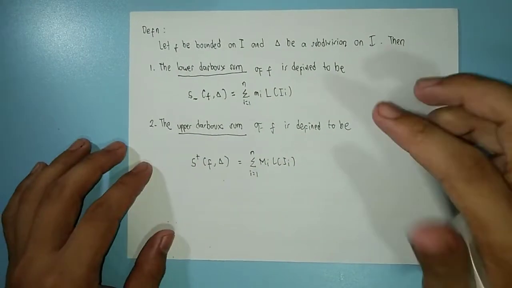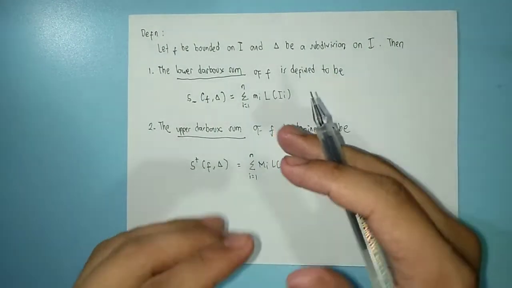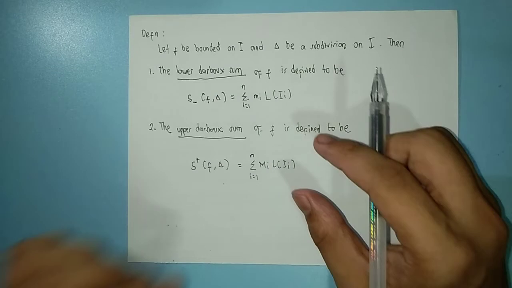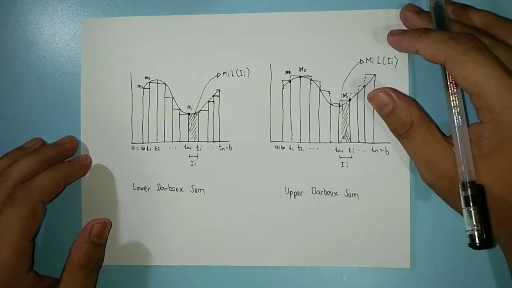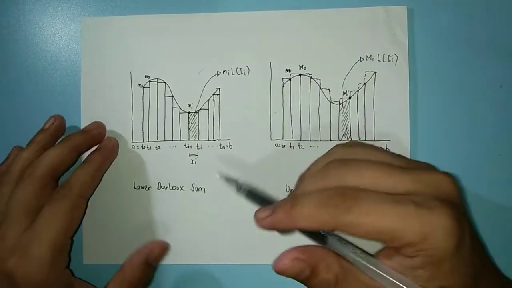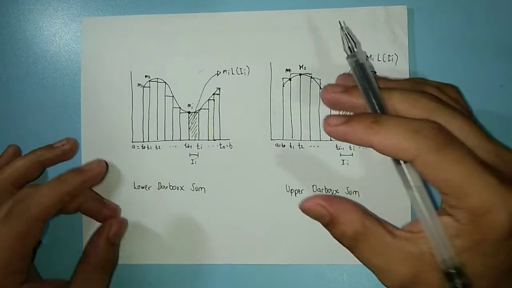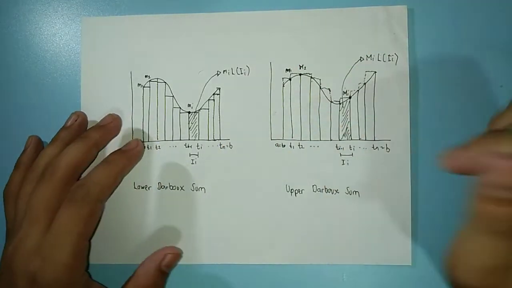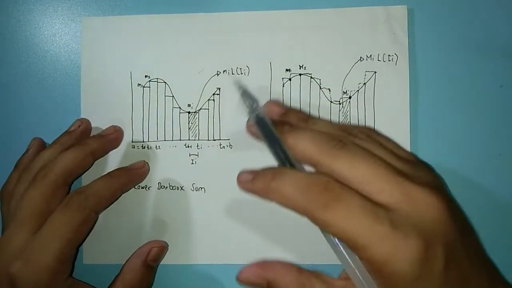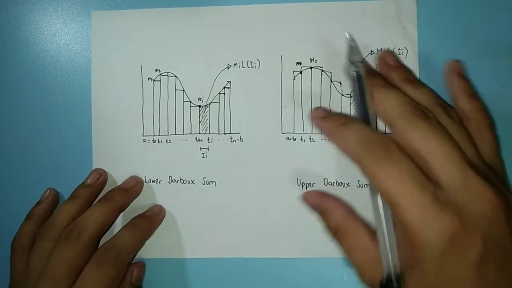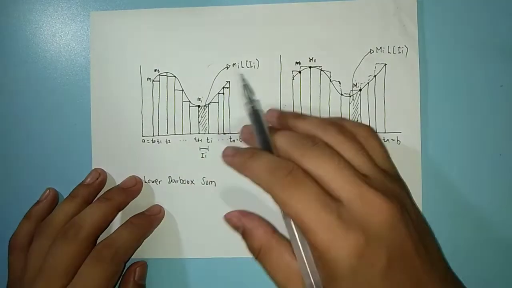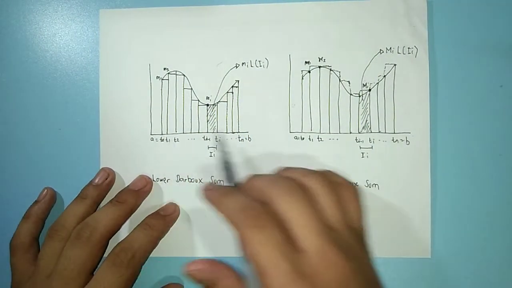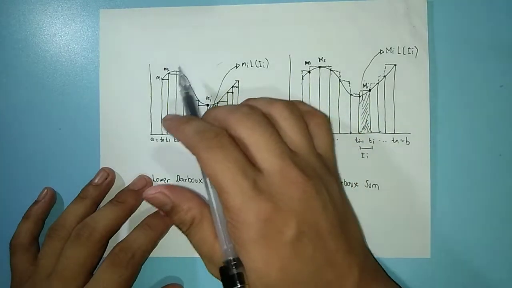Okay? So, pakita natin yung illustration para maintindihan natin yung sinasabi nitong definition na to. Okay, so ito yung illustration ng lower Darboux sum tsaka upper Darboux sum. Nakadrawing na siya para hindi ko na siya idodrawing kasi napakahirap mag-drawing sa papel para sa akin. Now, let's say ito yung partition natin. Ito yung buong interval natin, [a, b]. Ito yung function natin.